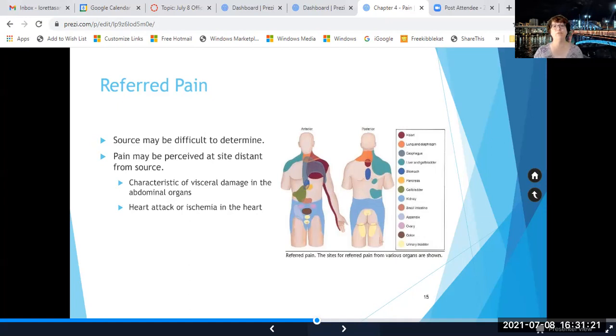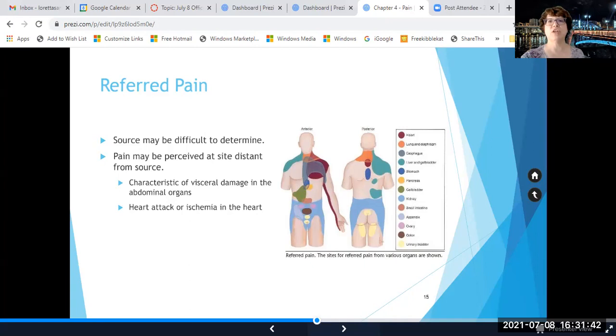Referred pain is typically characteristic of visceral damage in the abdominal organs or a heart attack or ischemia in the heart. We've all probably heard that a common symptom of a heart attack is left arm pain, which is referred pain. There's nothing wrong with the arm. The pain's being referred from the heart.